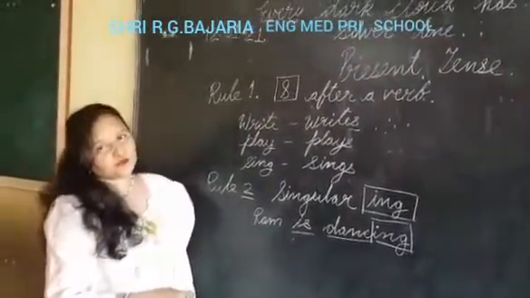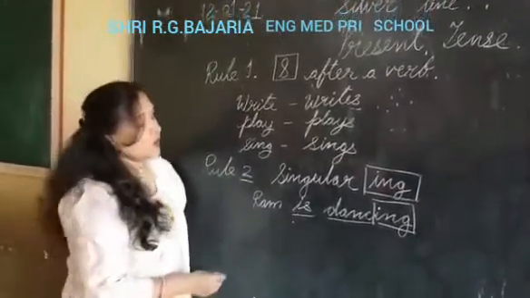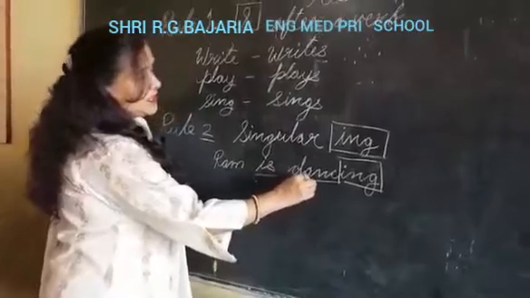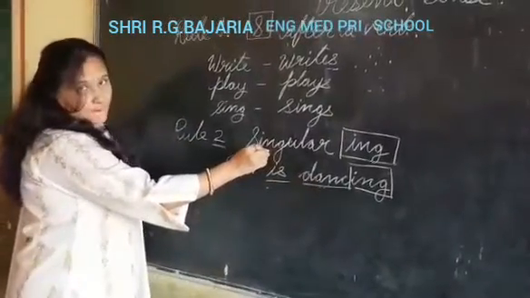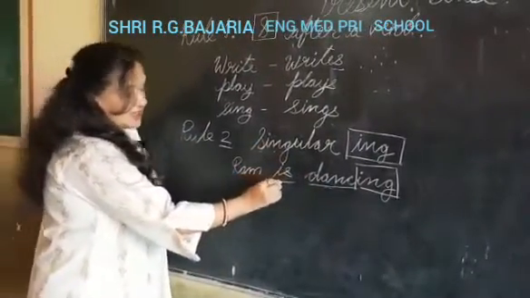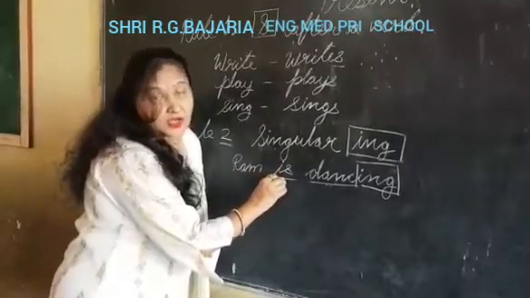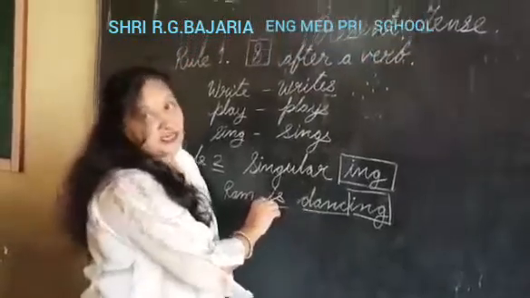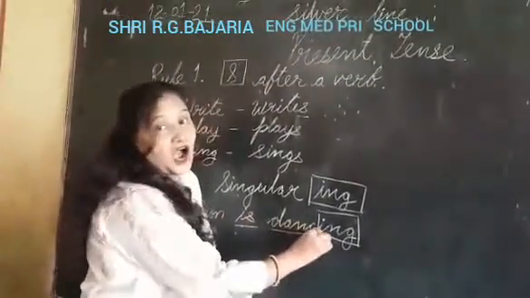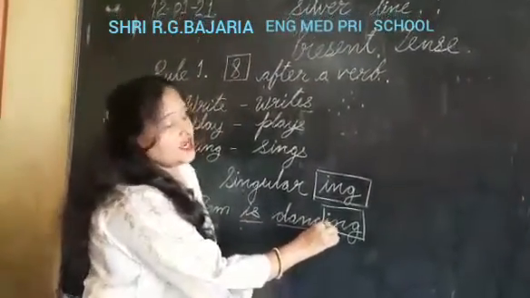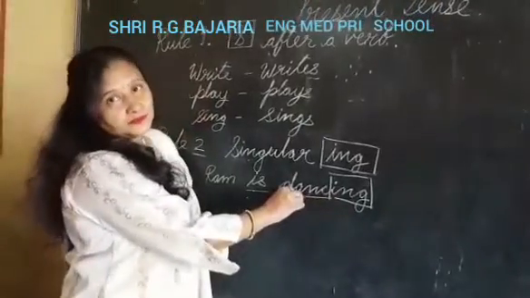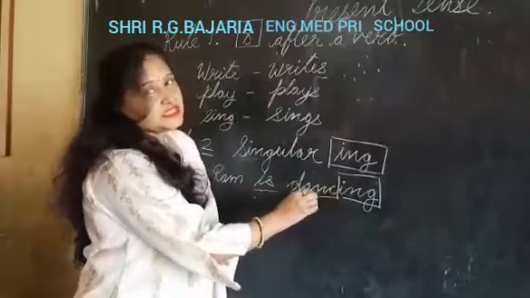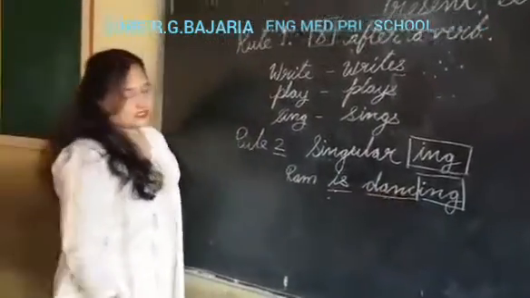Granny is very beautiful. When I use the verb in a singular form, I write is before the action word or the verb, and I also add ing at the end of the verb. Only after this is my present tense complete.